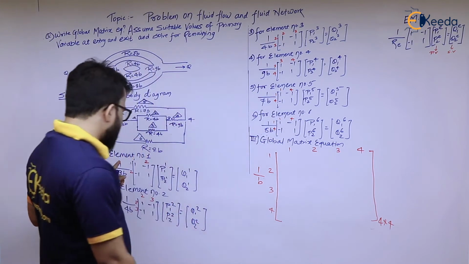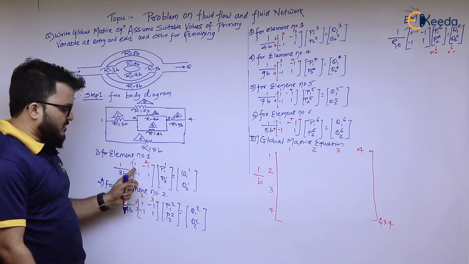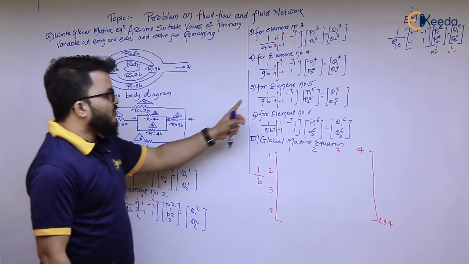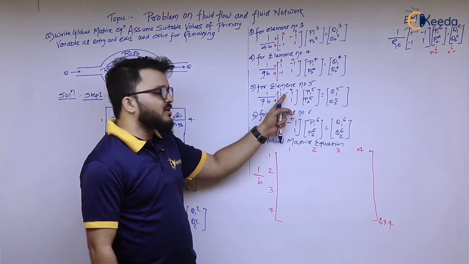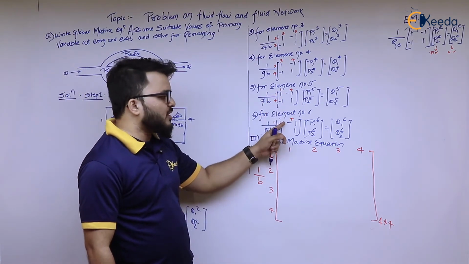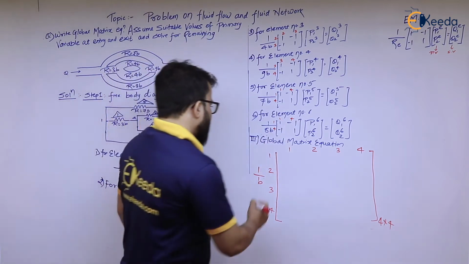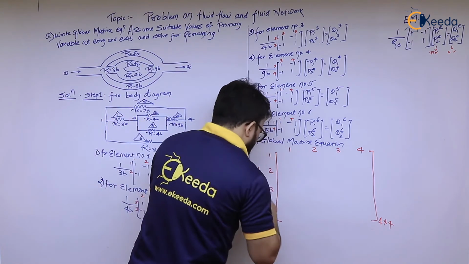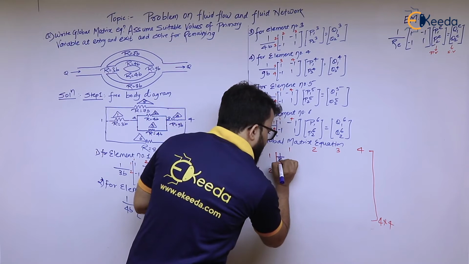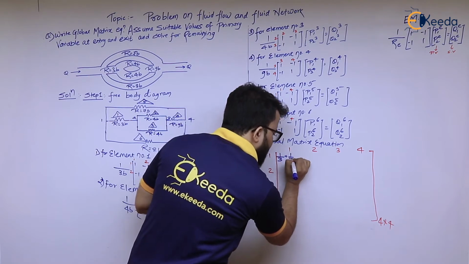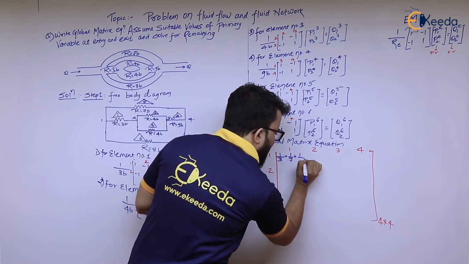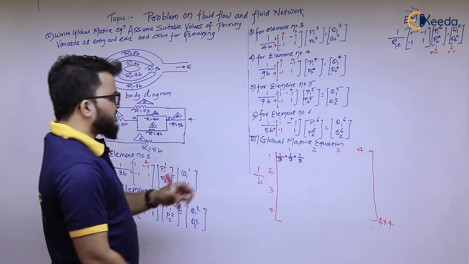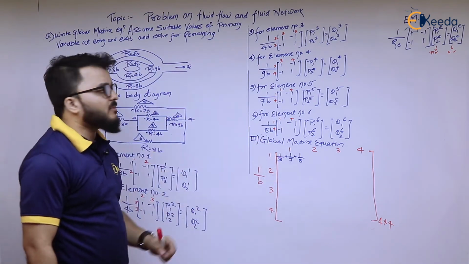I will collect all of these. So I get 1 by 3 into 1, which is nothing but 1 by 3, 1 by 7 into 1, which is nothing but 1 by 7, and 1 by 8 into 1, which is nothing but 1 by 8. So this entry becomes 1 by 3 plus 1 by 7 plus 1 by 8. This is my row number 1 and column number 1.